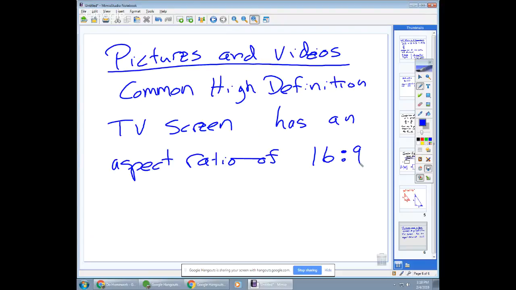Often, instead of giving a number like 16, they'll say how many pixels across it is and how many pixels high it is, so sometimes it's given that way. The aspect ratio is a very specific ratio. It's always the ratio of the width to the height.